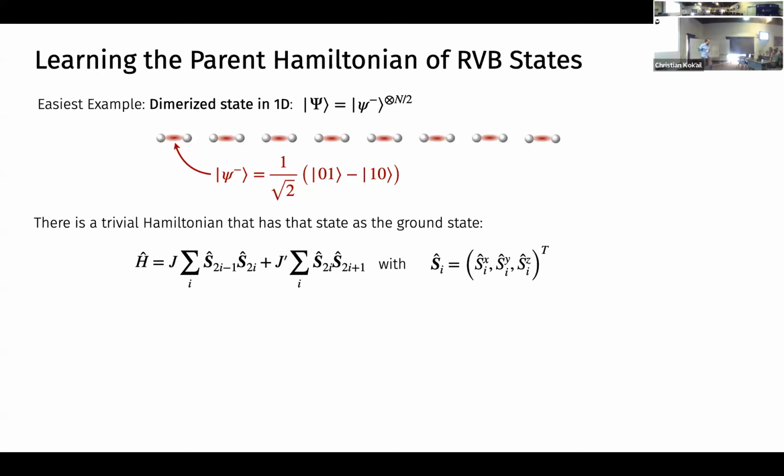What you do is you take a Heisenberg model, which has different couplings for nearest neighbors, depending on whether you have an odd bond or an even bond.